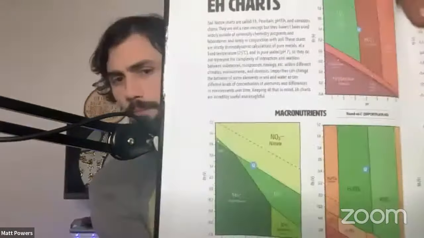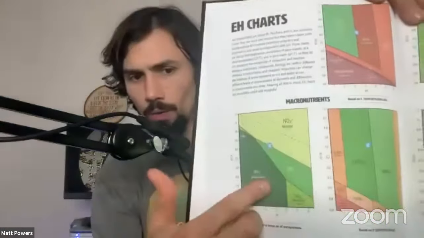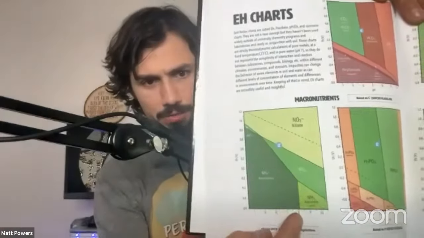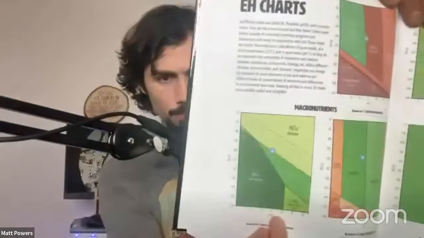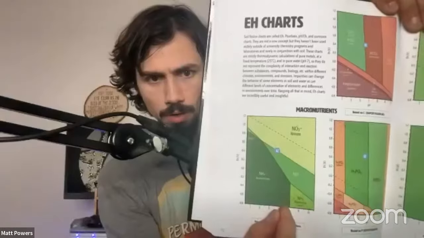But also, when we're aware of these things, that's what I wanted to show: you may have something where the Eh is playing a game with you. Like look at nitrogen. You're like, I have nitrogen. I don't understand why I don't have the right form. It could be redox. Let me show you what I mean by that. Look at that. So you're like, oh, well, if I'm at pH 9 or below, I should have this.